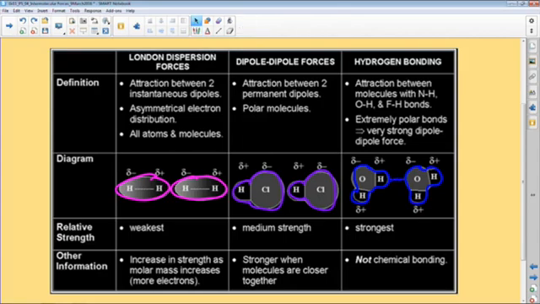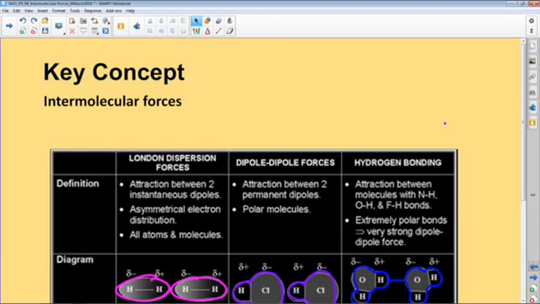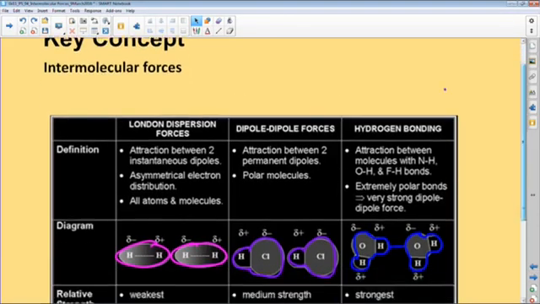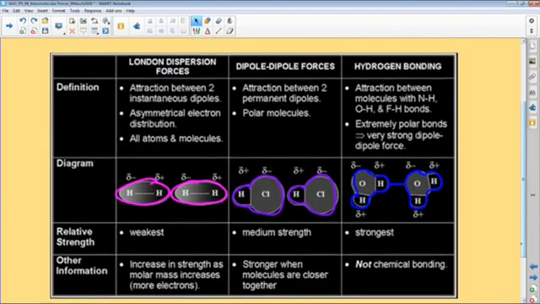So what do hydrogen bonds actually consist of, or what are they really? I can't find where the rest of the information's gone, so I'm just going to have to tell you. They are our strongest forces.